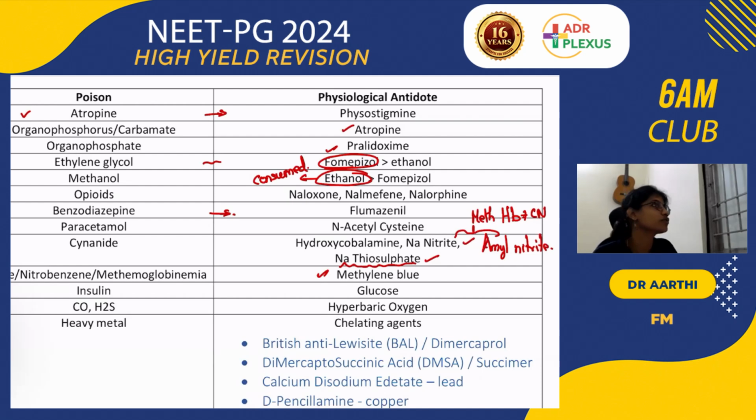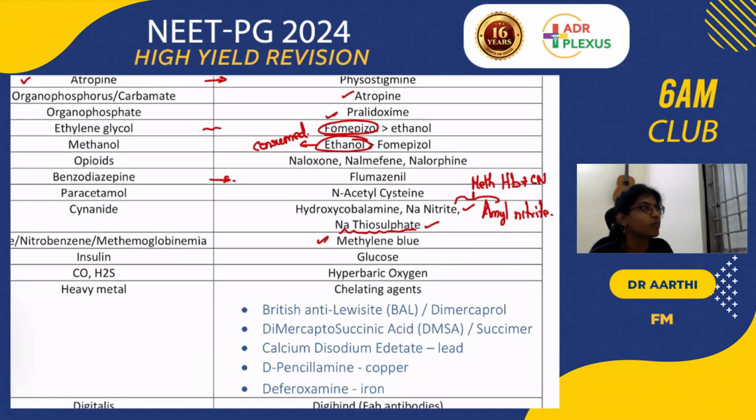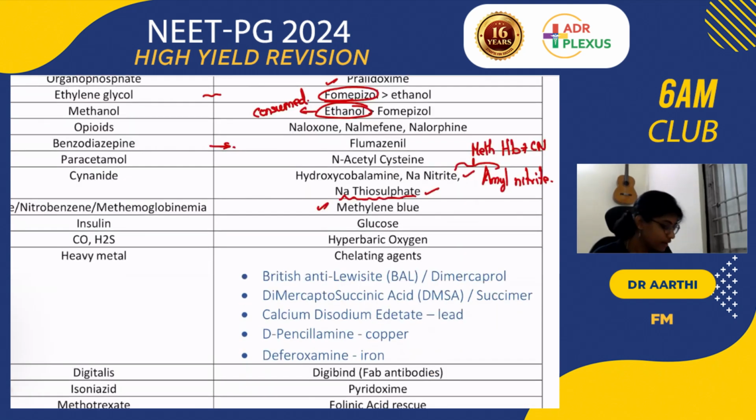Whenever the patient has any kind of asphyxiant gases like carbon monoxide or hydrogen sulfide, hyperbaric oxygen becomes important. Because one is going to form sulfhemoglobin, the other one is going to form carboxyhemoglobin. You just want to remove them and give oxygen into your blood. Then we have heavy metals.